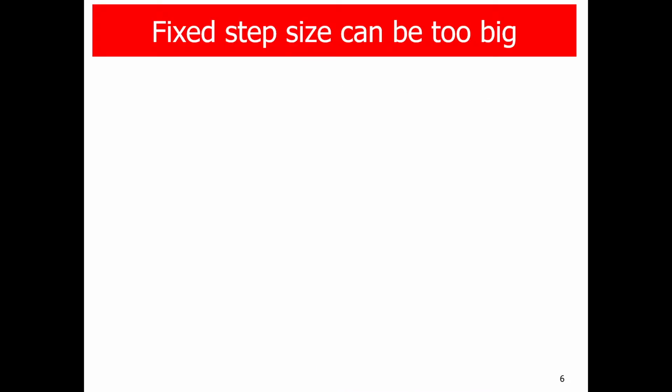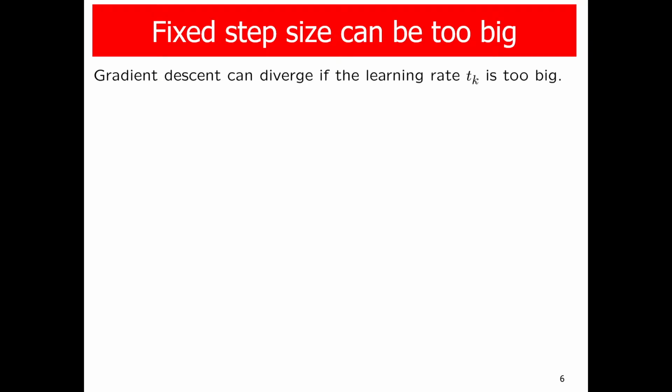The gradient descent algorithm is sensitive to the learning rate parameter. If it's set to be too big, then even if the function f is a convex function, the gradient descent algorithm might not even converge.